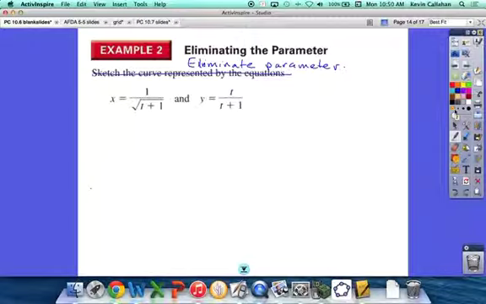Okay, so solve this one. Again, square both sides. x squared equals 1 over t plus 1. t plus 1 equals 1 over x squared. t equals 1 over x squared minus 1.